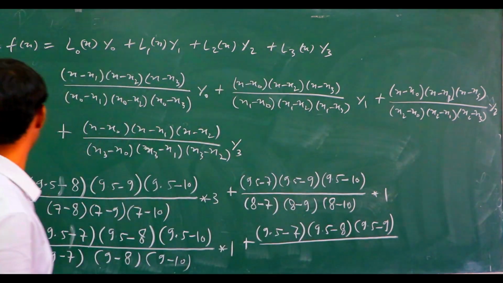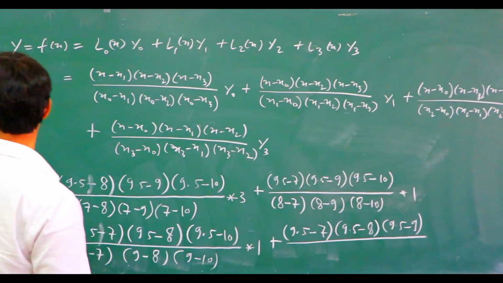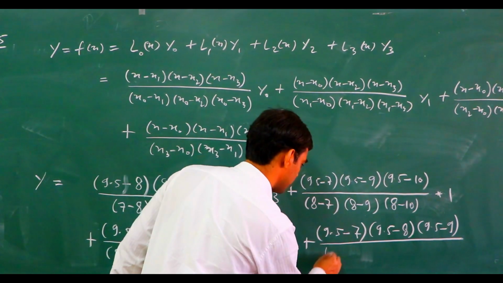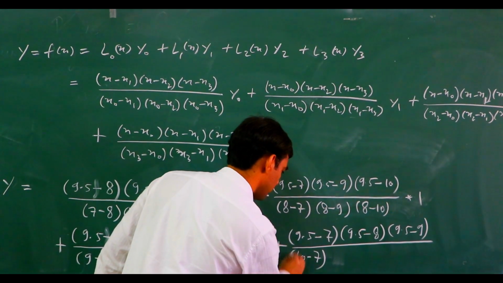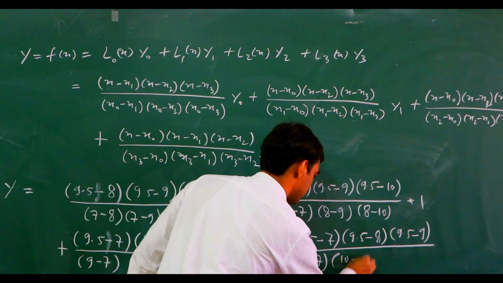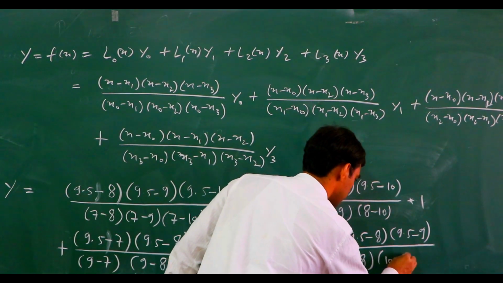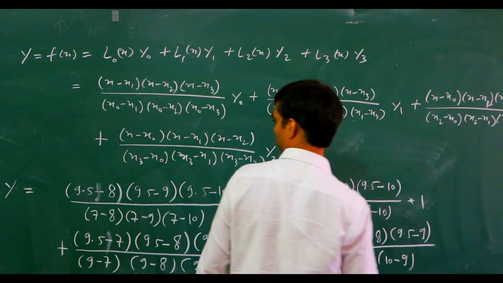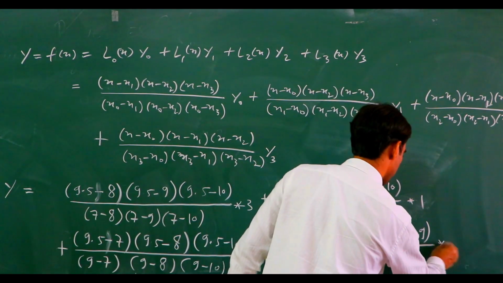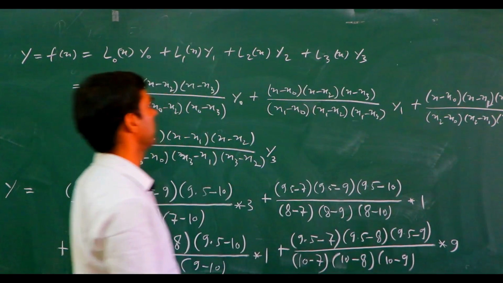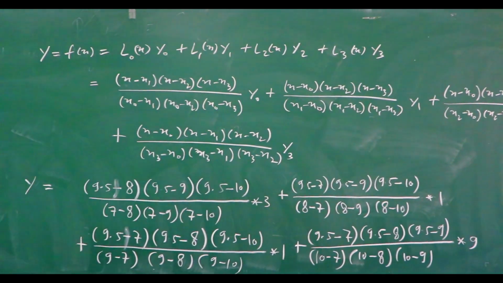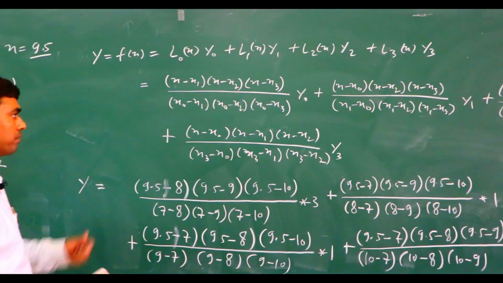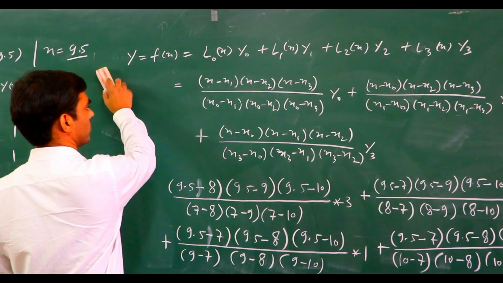Divided by x3, x3 being 10. 10 minus 7, 10 minus 8 and 10 minus 9, and multiplied by what? Multiplied by y3. This one is 9.